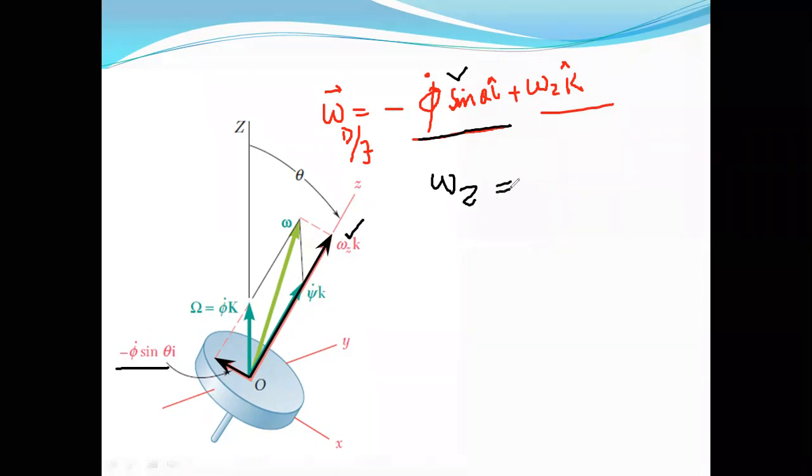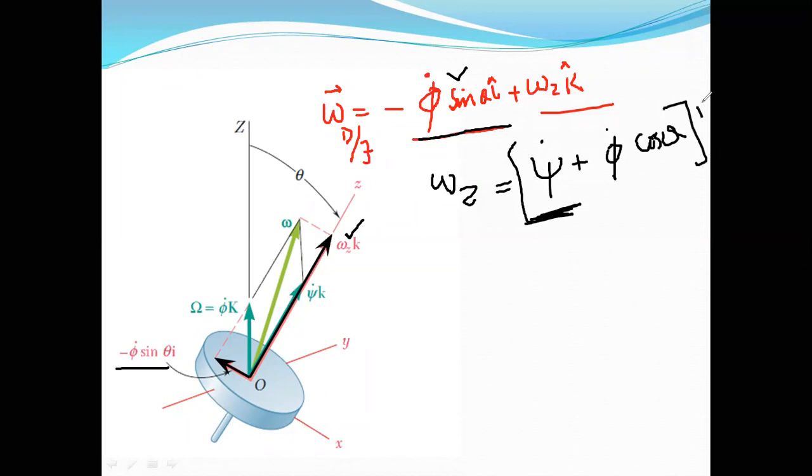But we have just written that this omega z is equal to psi dot plus phi dot cos theta. What is psi dot? This is omega z, and since this was k cap outside, we have to multiply everything by k cap.